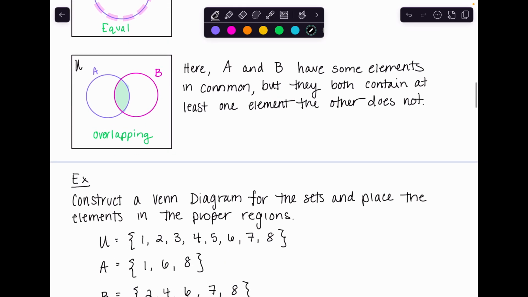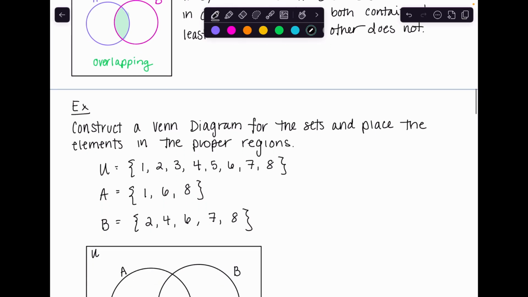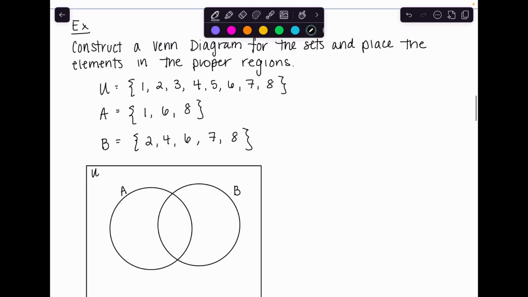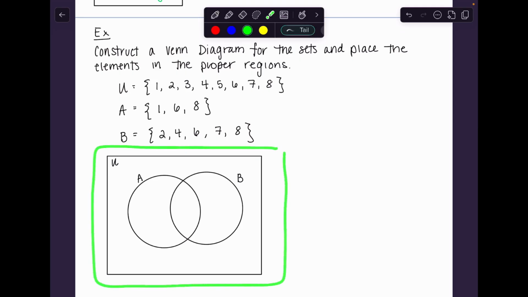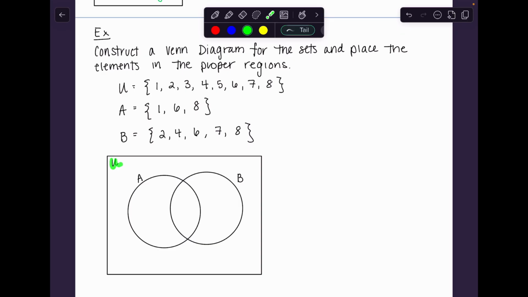So before we get into all of those operations, I kind of want to just get familiar with creating a Venn diagram. So we're going to construct a Venn diagram for the sets, and we're going to place these elements in the proper region. So again, always to start out, I'm going to draw my Venn diagram to begin with. The box represents U, so that means all of these numbers 1 through 8 better find a home in the picture.